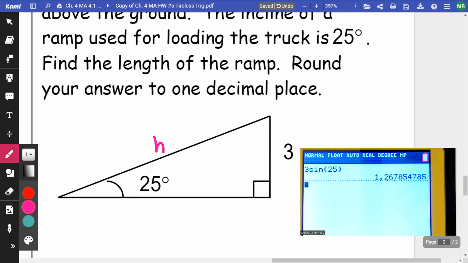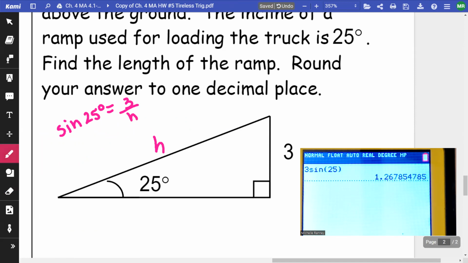Yes. Okay, so it is, and I keep saying opposite over hypotenuse, but I'm not doing opposite over hypotenuse. So sine of 25 degrees is going to equal opposite, which is 3, over hypotenuse, which is H. So then when I rewrite this, H is equal to 3 divided by sine of 25 degrees. Sorry about that.